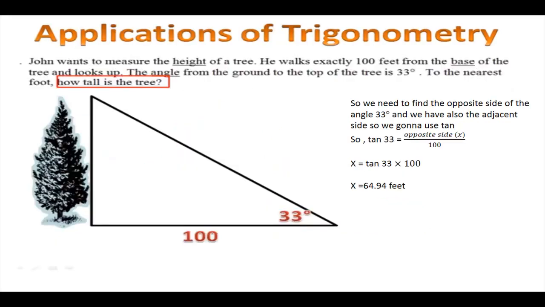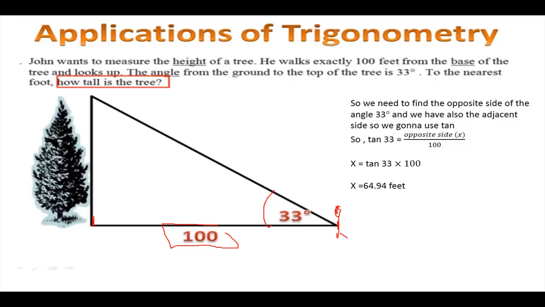The second application: John wanted to measure the height of a tree. He walks exactly 100 feet from the base of the tree. So the angle from the ground to the top of the tree is the elevation angle.